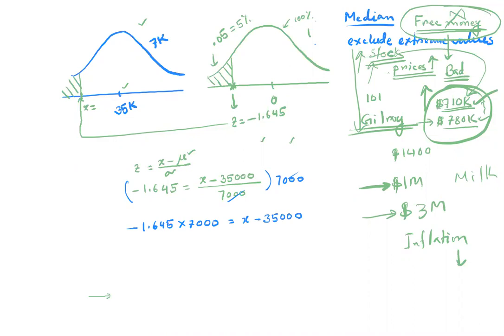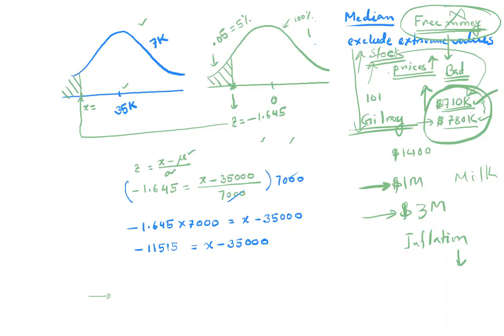So let me use my calculator. Negative 1.645 times 7,000 is going to be negative 11,515. Negative 11,515 is equal to x minus 35,000.